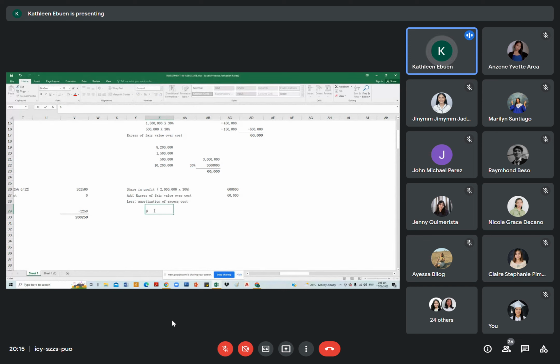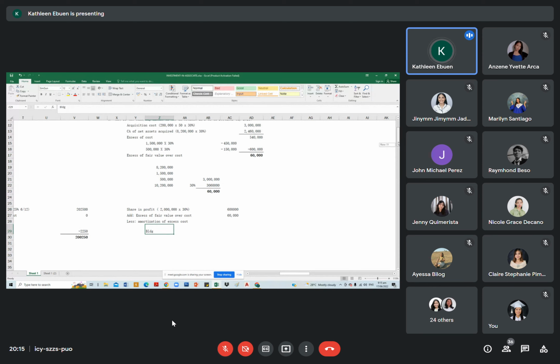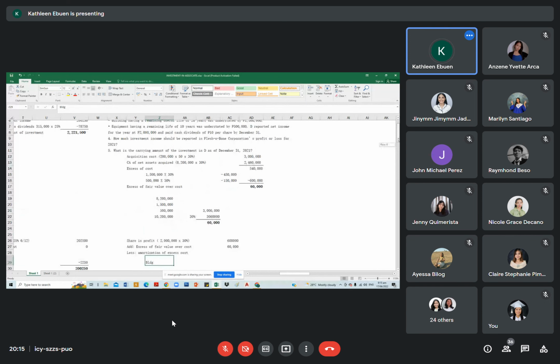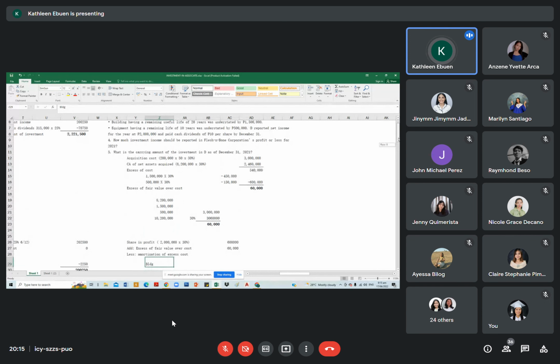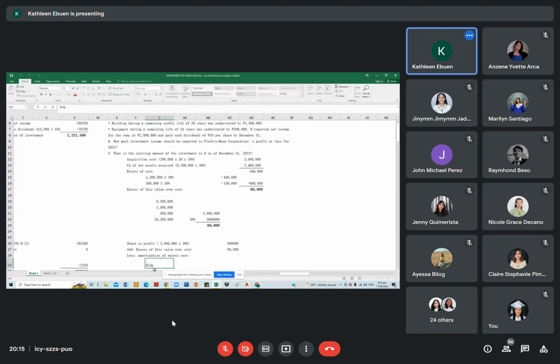So, yung sa building, class, magkano yung sa building? We have 1.5 M. So, 1.5 M. Divide natin sa useful life niya na 20 years.